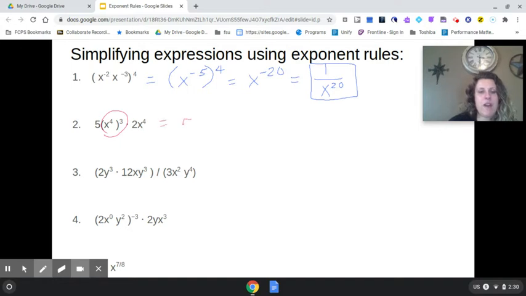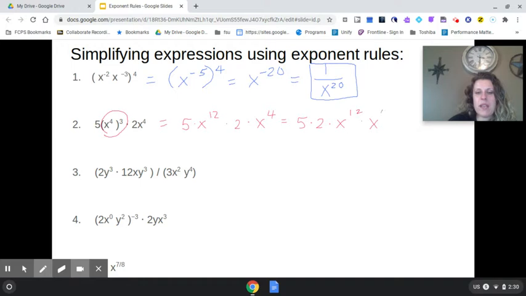So we'd have 5 times x to the 12th power. And again, we're multiplying that times 2 times x to the 4th. I'm just going to rearrange these terms because multiplication is commutative. So I'm going to pull the plain numbers out front, so 5 times 2, and the variables to the back.